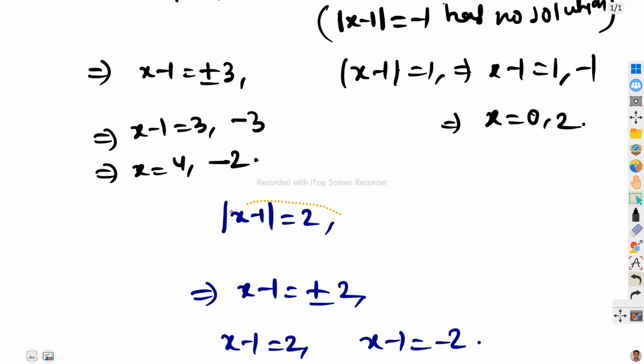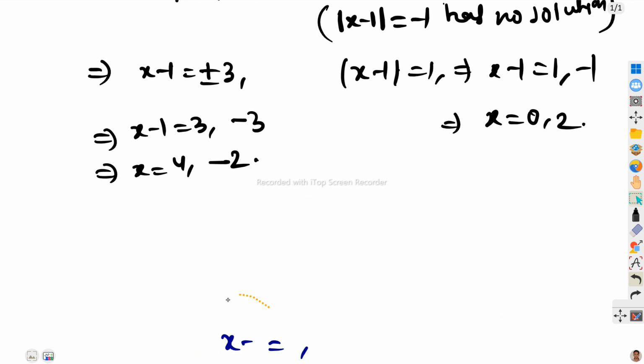We have discussed that we have 4 solutions of x for the given equation. So what are the solutions?